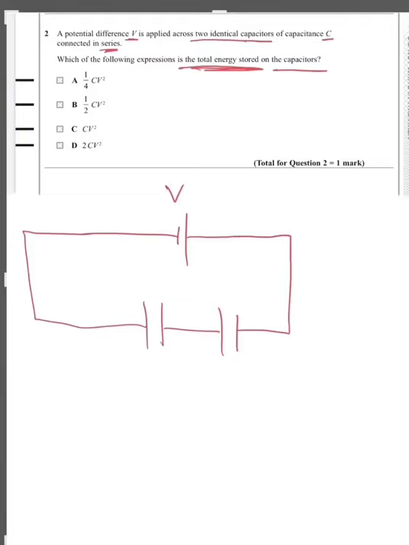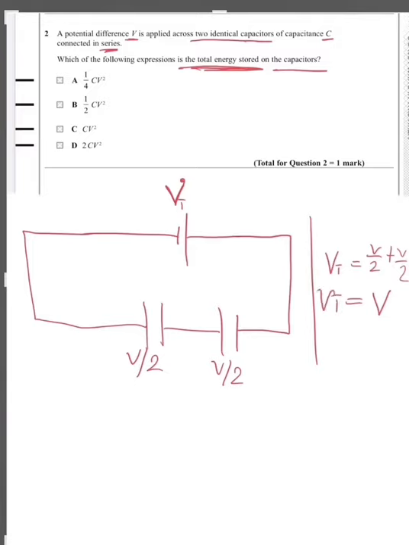The potential difference across each capacitor would be V by 2, since the potential differences in a series circuit add up. So V total equals V by 2 plus V by 2, which equals V. So V total will always be V. So we have V by 2 and V by 2 here.